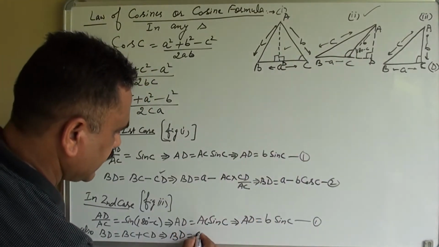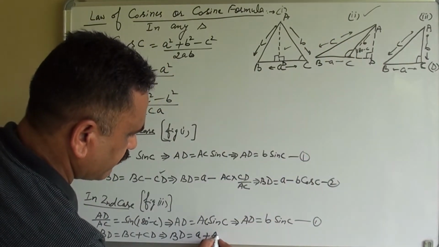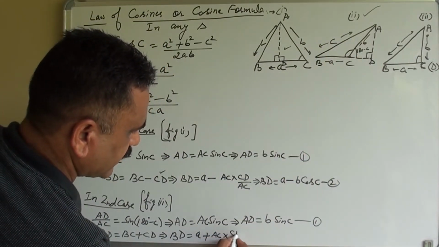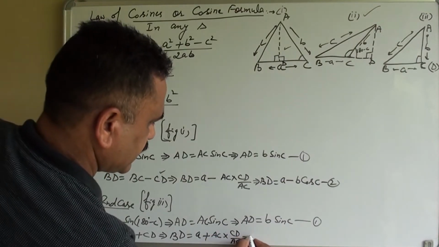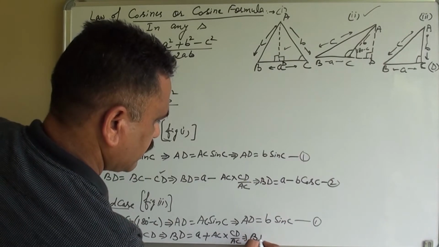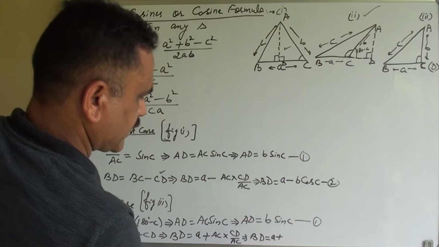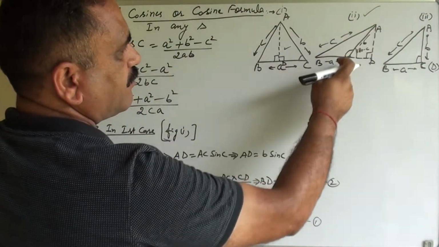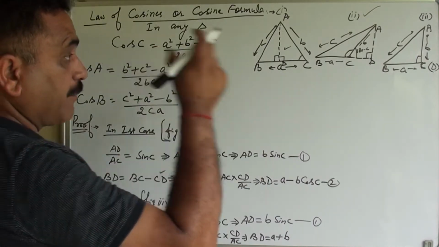Value of BC is A plus CD. Again, we will multiply by AC and divide with AC. So this implies BD is equal to A plus, what is the value of AC? Value of AC is B. And what is CD upon AC?